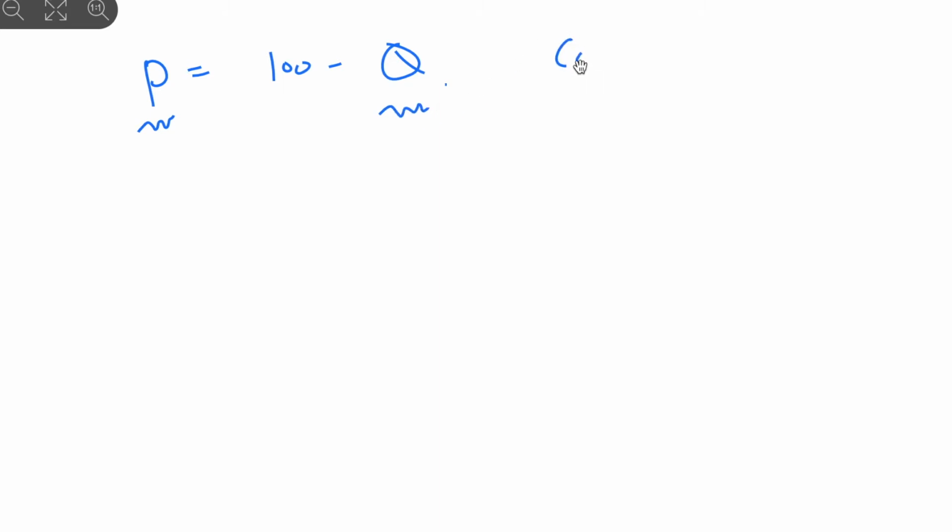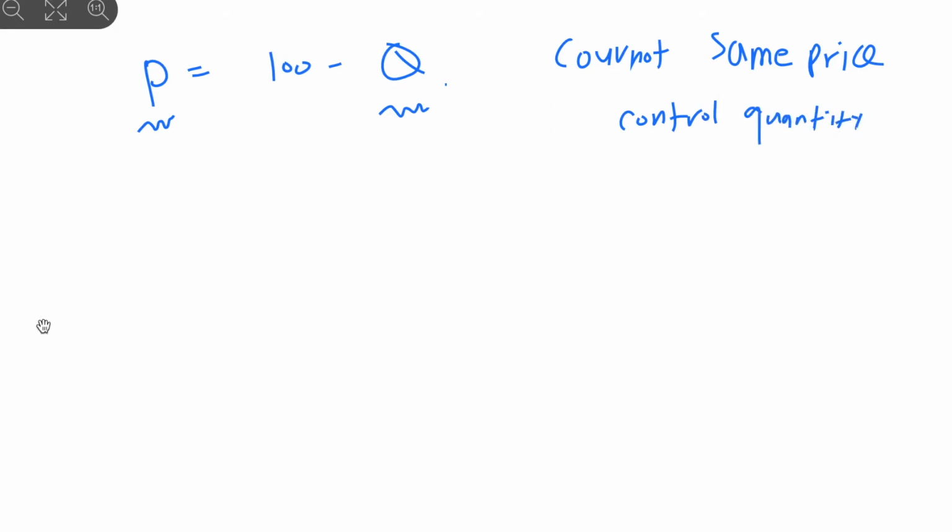In the Cournot model, we have the same price because we have the same product, but we can control quantity. Okay. So we're looking for the quantity difference.